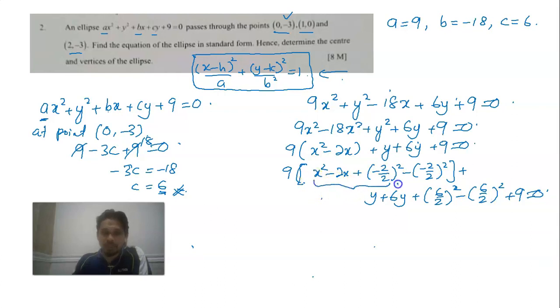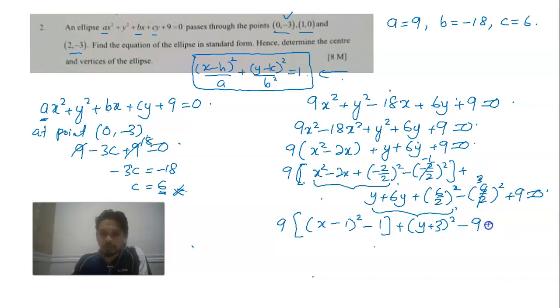So from here we come up with x minus 1 squared, minus negative 1 squared equal to 1, and y plus 3 squared, minus 3 squared equal to 9, plus 9 equal to 0.